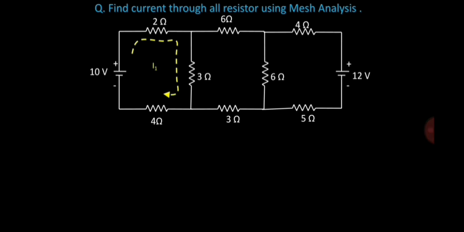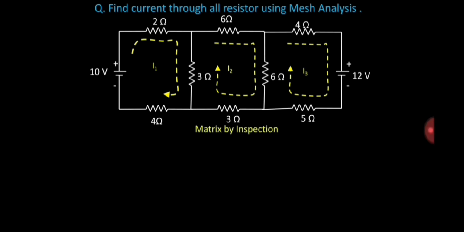So to form a matrix, we'll have to determine the direction of the current. So the current I1 will be moving in that direction, the current I2 will move in this direction, and I3 will have it moving in this direction.